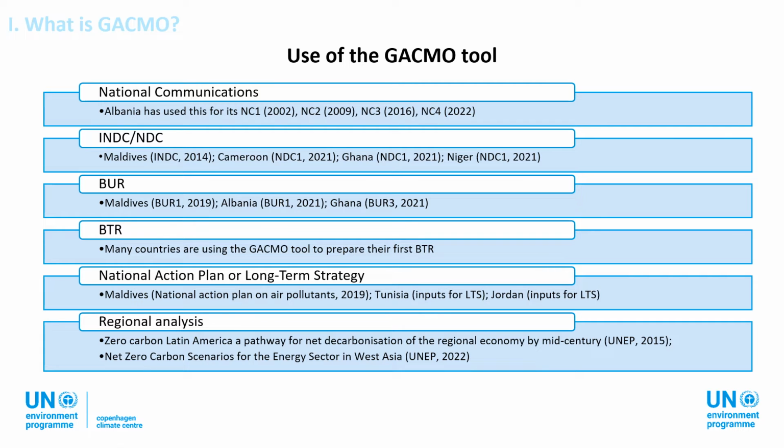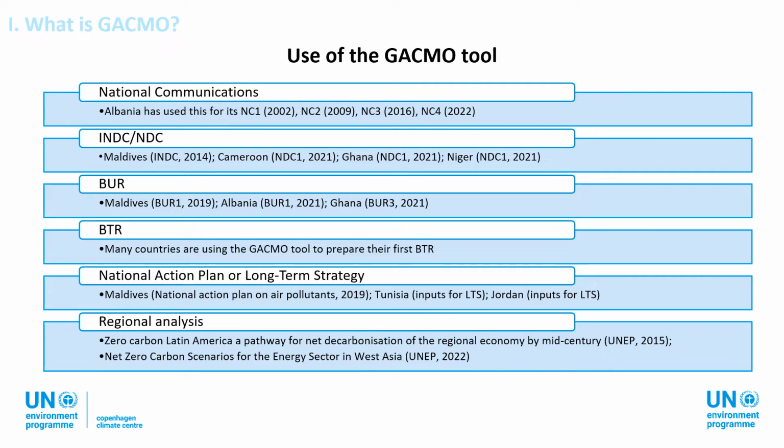This slide provides an overview of the use of the GACMO tool. The GACMO tool has been used by many countries for various reports, studies, national climate change mitigation strategies, and action plans. For example, Albania has used it for its first, second, third, and fourth national communications. Maldives, Cameroon, Ghana, and Niger used GACMO for development of their nationally determined contributions.